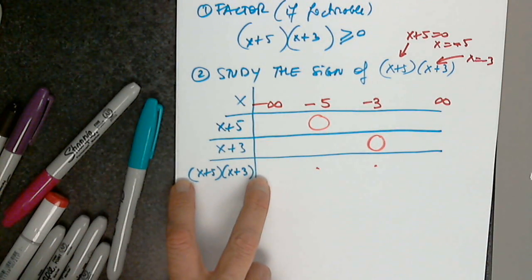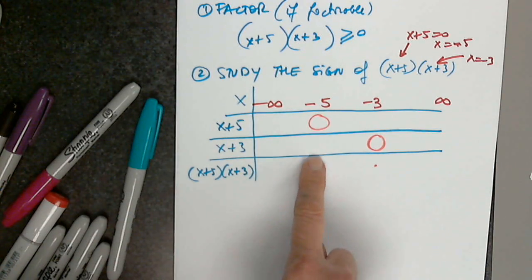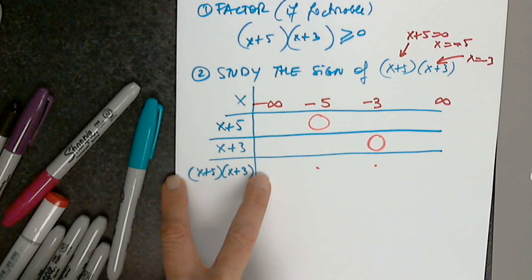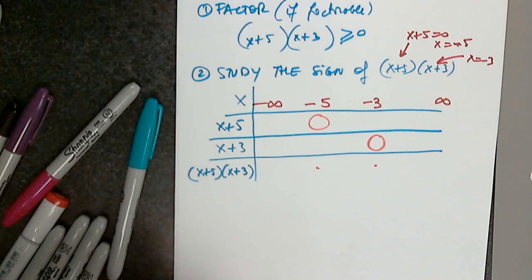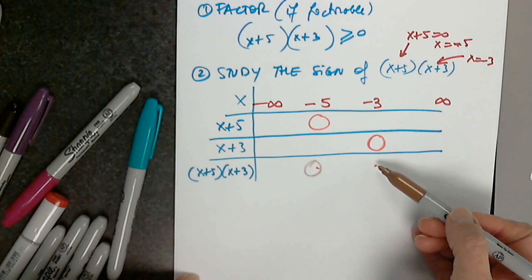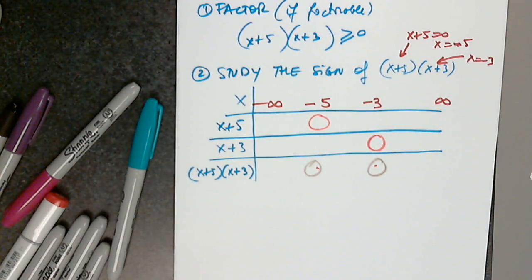What will this be equal to when x plus 5 is 0? This portion is 0. X plus 5 under -5 is 0. So how much will this be? How much is 0 times x plus 3? Good. What will I have to write for the product under -3? Is that clear? Okay, when one of the factors is 0, the product will be 0, as we know from the zero product principle. Perfect.